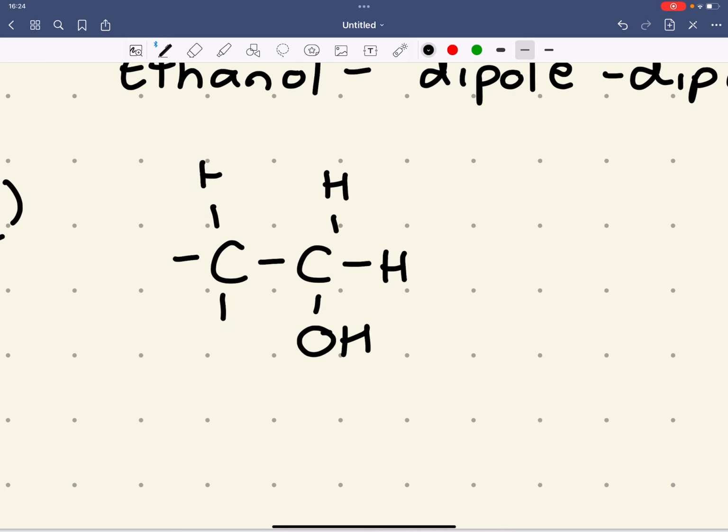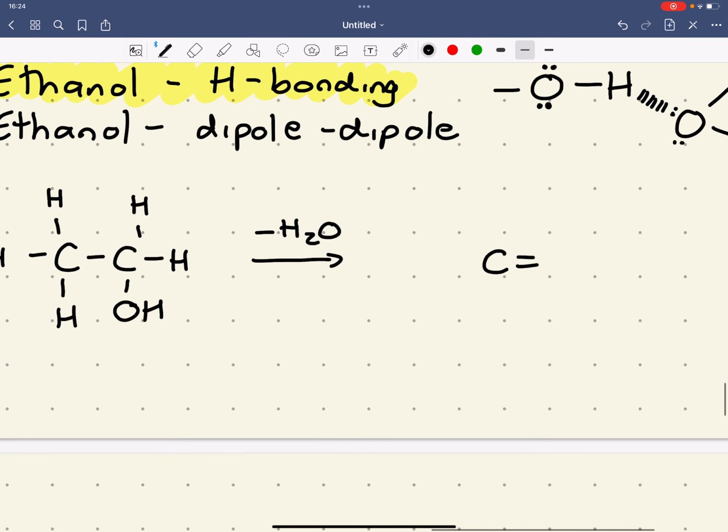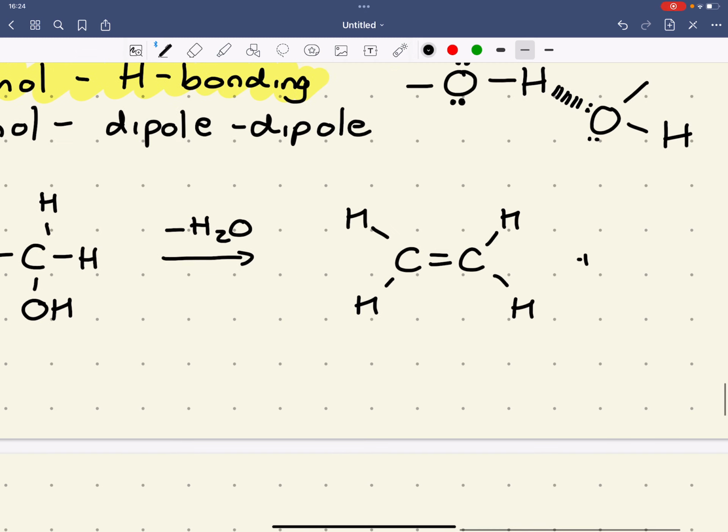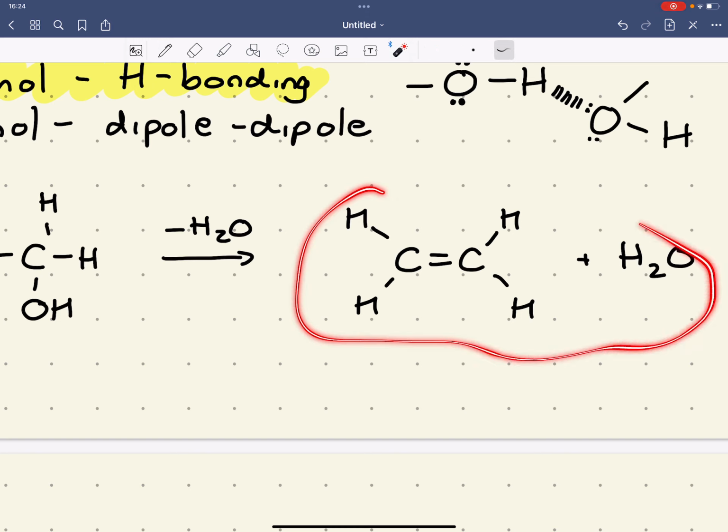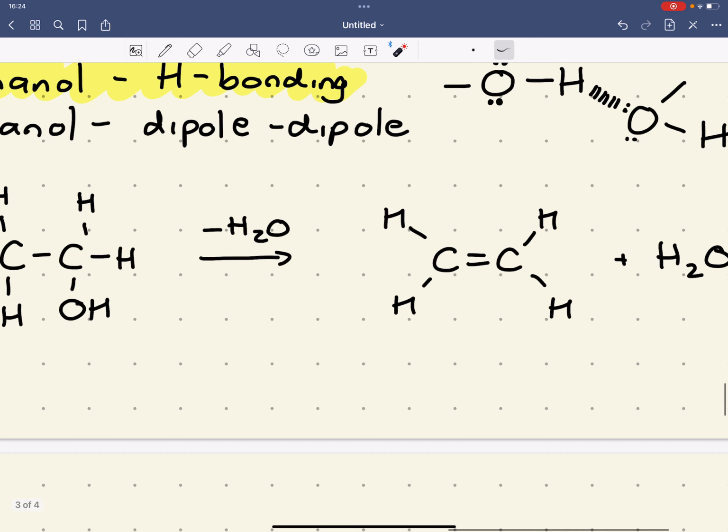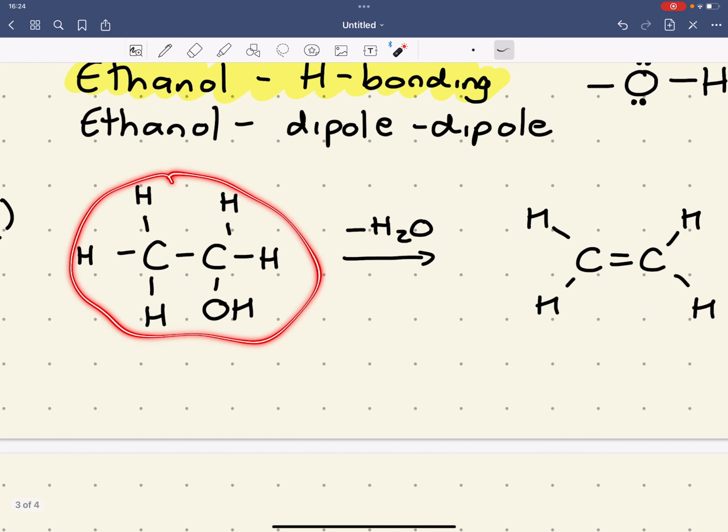In an elimination reaction, for example the dehydration of ethanol, you lose H2O and form an alkene. That is an example of an elimination: formation of two product molecules from a single reactant. So that would be called an elimination.